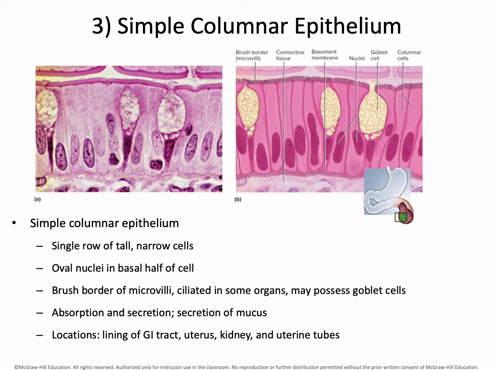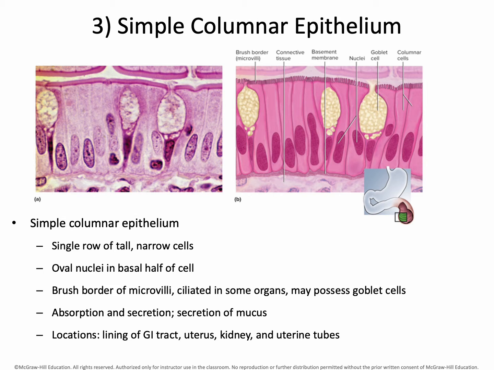Now, remember, microvilli is different from cilia. Pseudostratified columnar is ciliated, but oftentimes simple columnar epithelia, again found in the digestive tract, has microvilli.